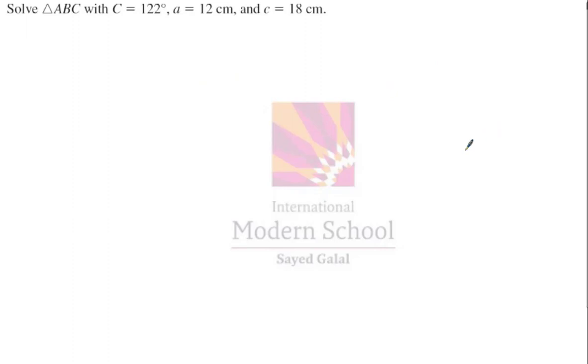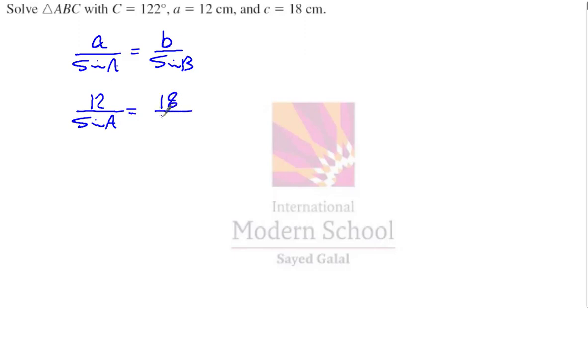Solve the triangle. Solve the triangle ABC. C equals 122, a equals 12, and c equals 18. Then use the sine law: a over sine A equals b over sine B equals c over sine C. Then 12 over sine A equals 18 over sine 122.